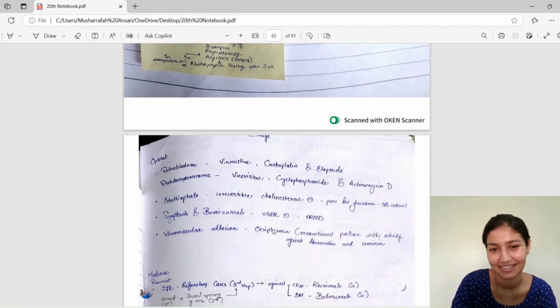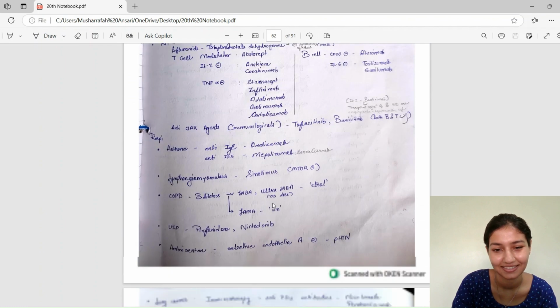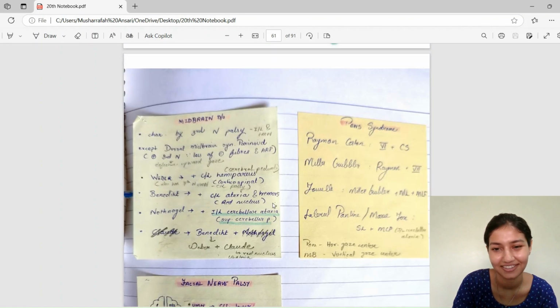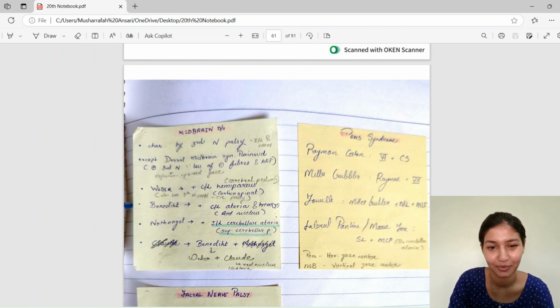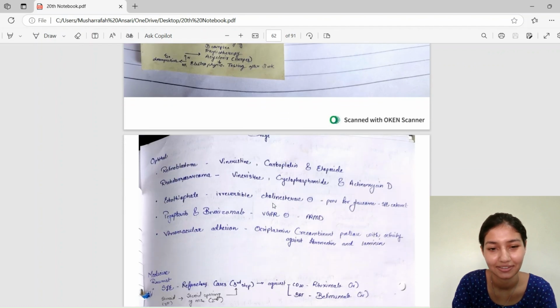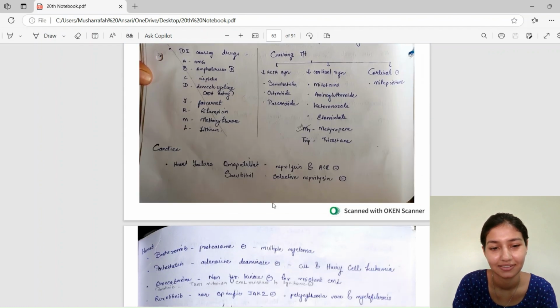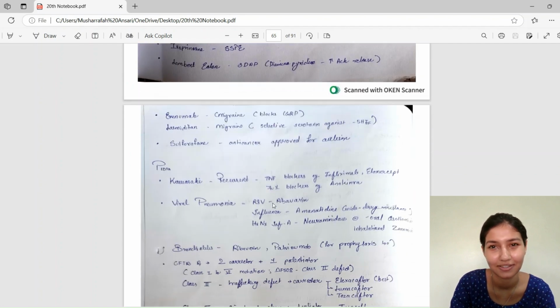This is what it is. And here are some flashcards that didn't feel very important to go right at the beginning, but were still important. Yeah, all the drugs, the newer advancements, the monoclonal antibodies.